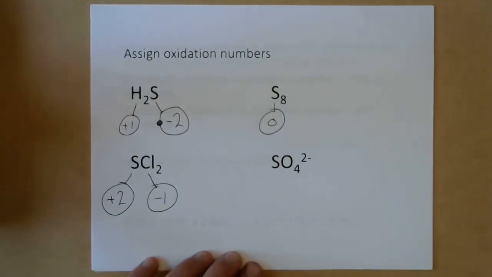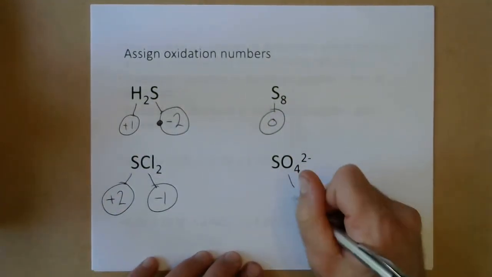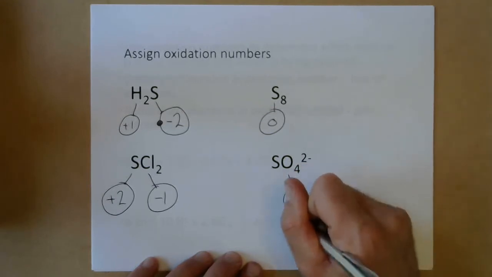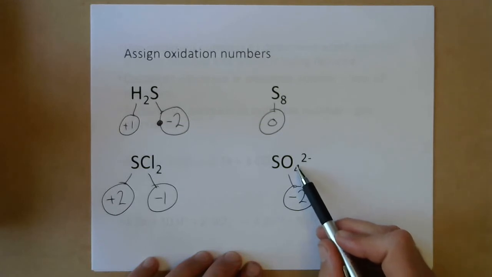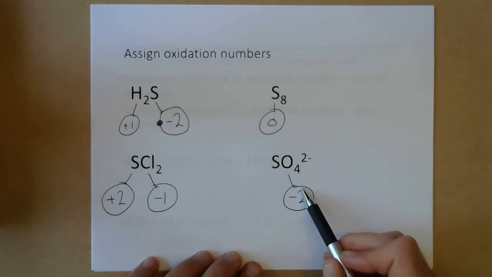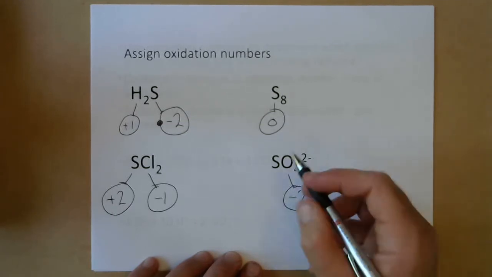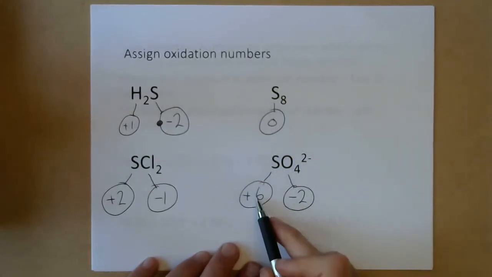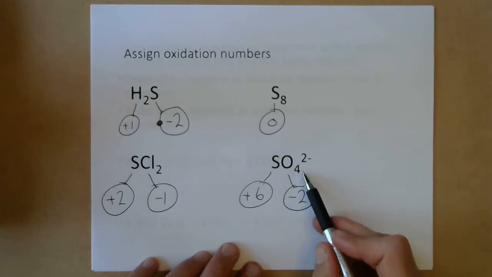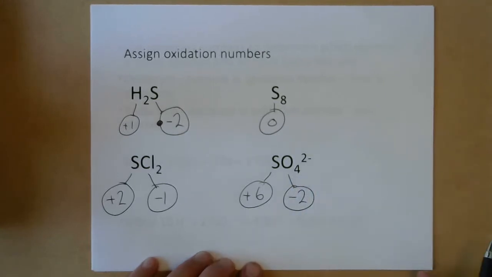And then over here, we have a rule for oxygen, that oxygen is usually -2 for its oxidation number. We have 4 of those, so that's a total of -8. We want the whole thing to add up to -2, so the sulfur must be +6, because +6 minus 8 is going to give us -2.